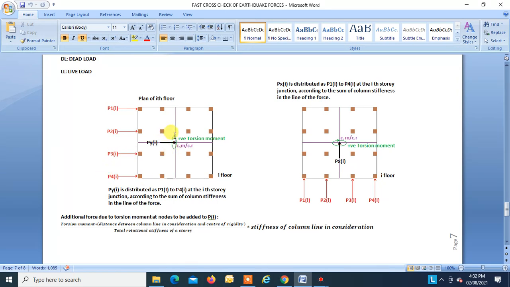Now we have an additional torsion moment. This will again give rise to additional load at each junction, right?